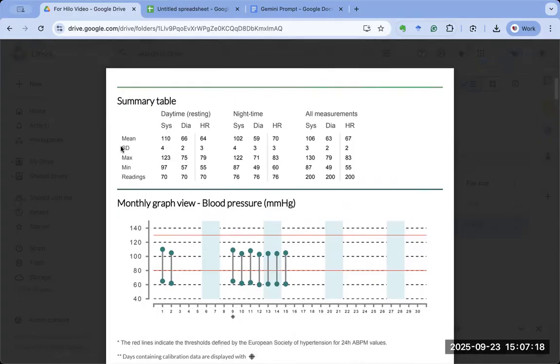At this point in time, I would suggest don't give a lot of importance to the standard deviation, SD, because standard deviation is basically how much variation there is from the mean of systolic and diastolic. This is a number which is going to become important as we have more research and data. There's something called blood pressure variability.